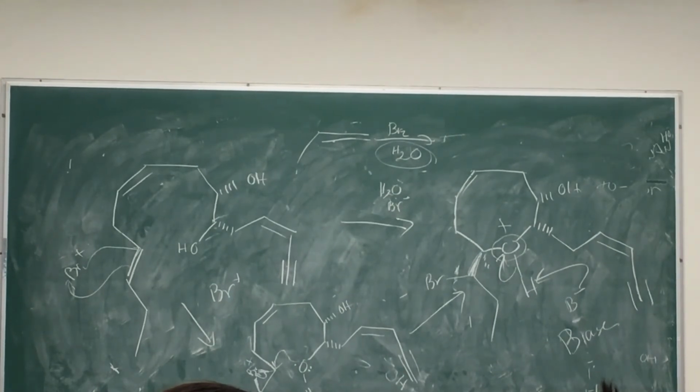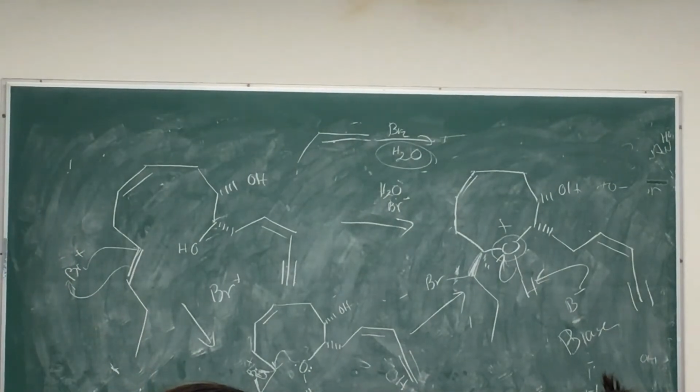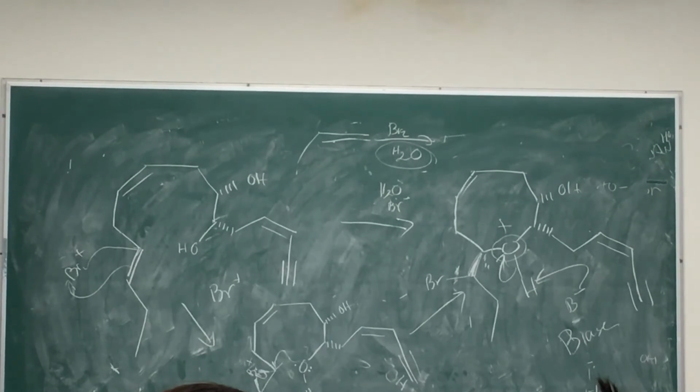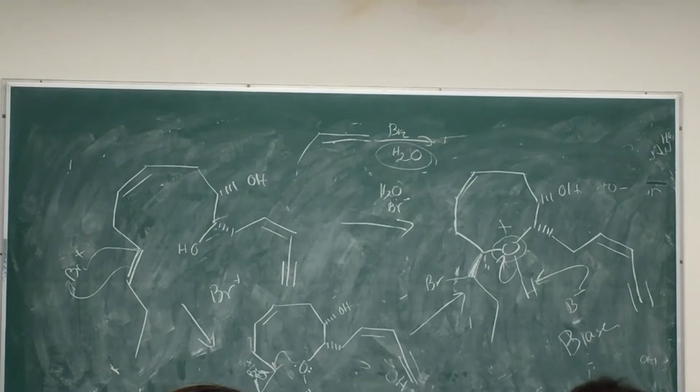It shows by the product. So in order to attack from the back, the bromonium ion is formed. So that's it for the mechanism question. You need to look at what you want and then how you follow it.